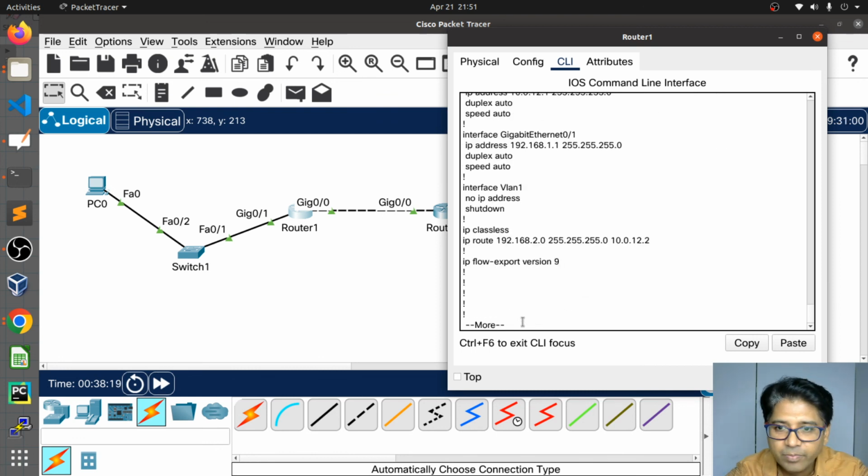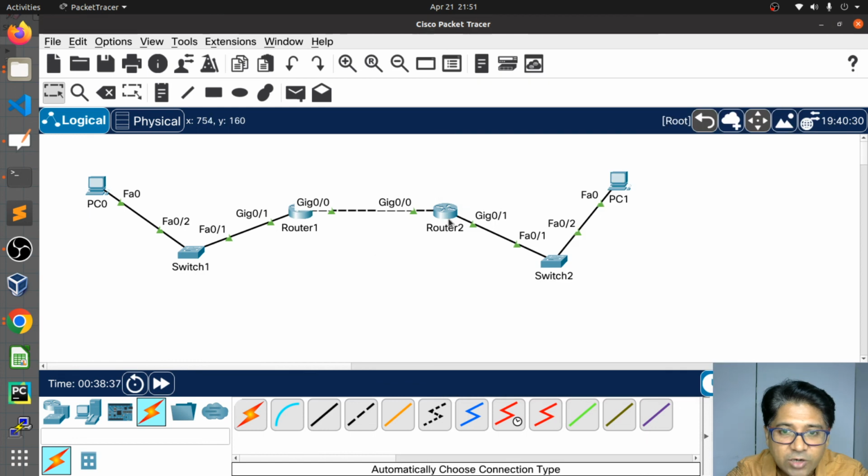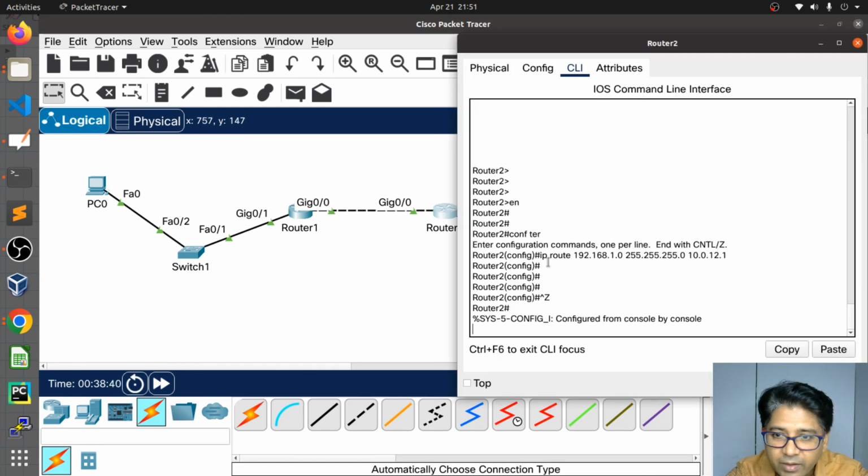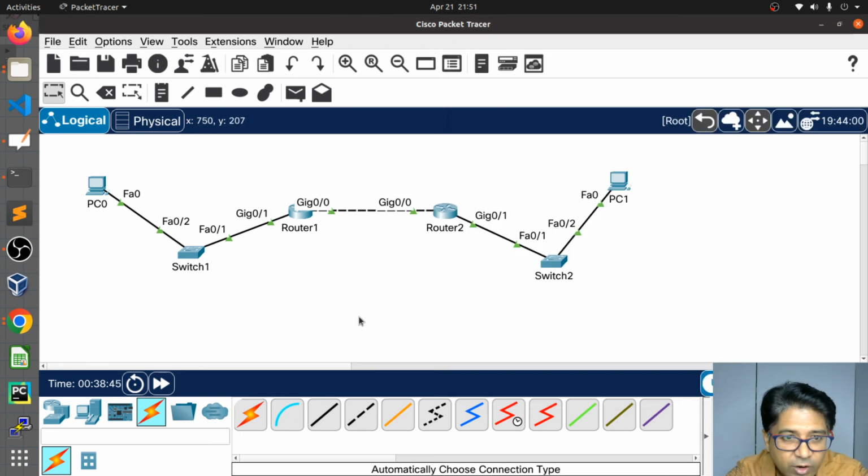You can see I have configured this static route on router 1 as the LAN 2 configuration. 192.168.2.0 is LAN 2 on router 1, and on router 2, they don't know about LAN 1, so I configured the static route for LAN 1 on router 2 as well.